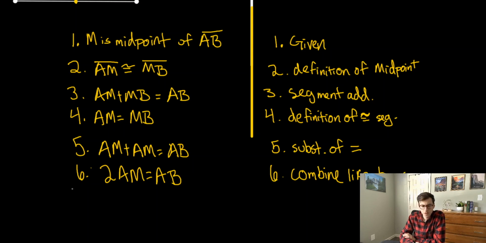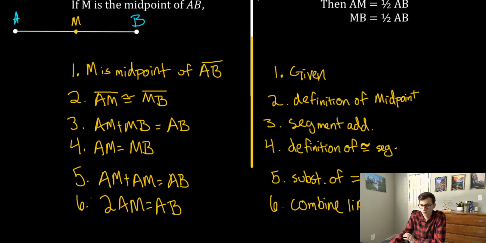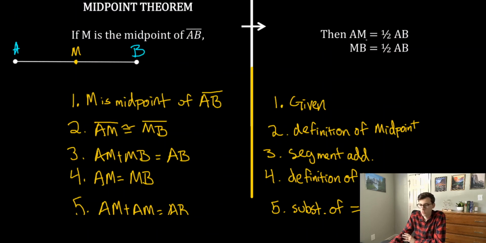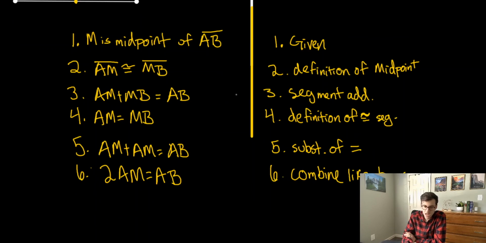And then, hopefully you can see, I'm trying to get to AM equals 1/2 AB. So I need to get AM by itself. That would be dividing by 2, or maybe because of the way this problem is worded, we'll say let's multiply by 1/2.